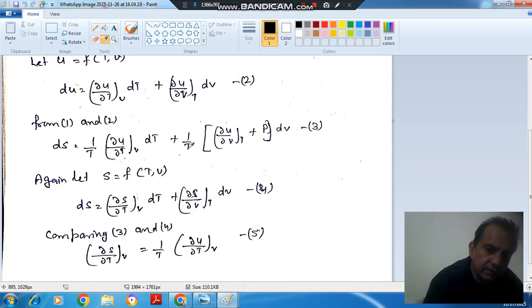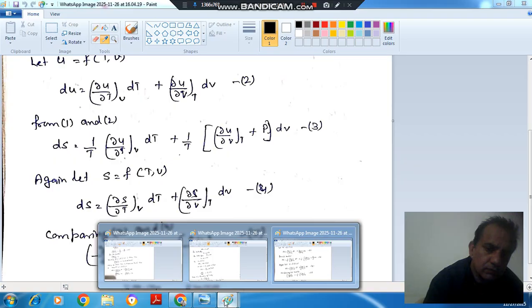Here dT and dV are there, and here also dT and dV are there, and on the left-hand side both equations have ds. So (∂s/∂T) at constant V is equal to 1 by T (∂u/∂T) at constant V.